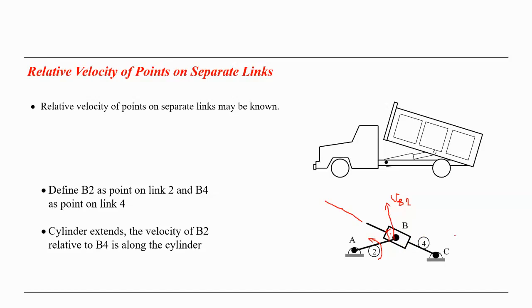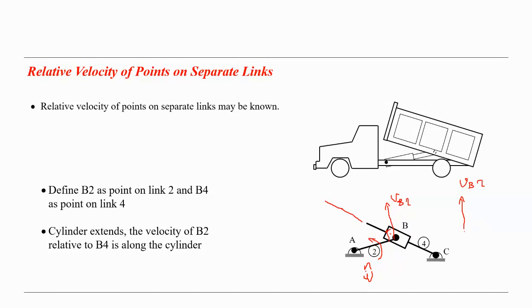Then, if we draw the graphic from point O, VB2 must already be known, because we have to know the RPM or angular velocity.